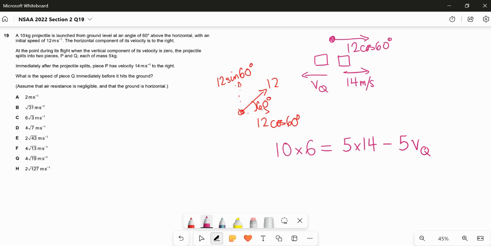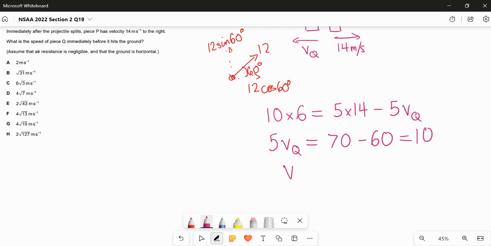So if we rearrange this, we get 5 VQ equals 5 times 14 minus 10 times 6, so 70 minus 60, which is 10, which means that VQ is 2 meters per second.